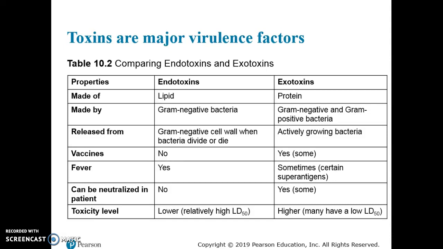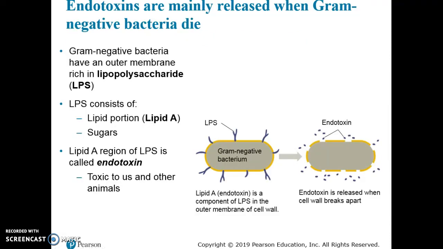So then we didn't look at this box here in terms of the endotoxin being part of the gram-negative cell, and it is released into the system when the bacteria divides or dies. Endotoxins are mainly released when gram-negative bacteria cells die.